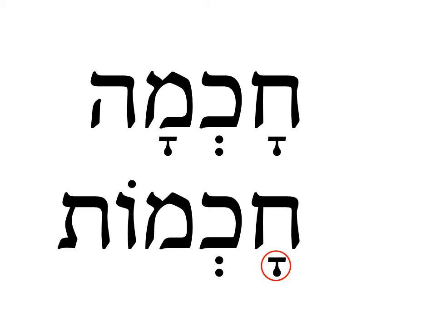It didn't reduce. There are two reasons why it didn't reduce. First, this isn't kamatz gadol. This isn't a long A. This is kamatz chatuf, a short O. And kamatz chatuf will not reduce. But also notice, chokmot only has two syllables.